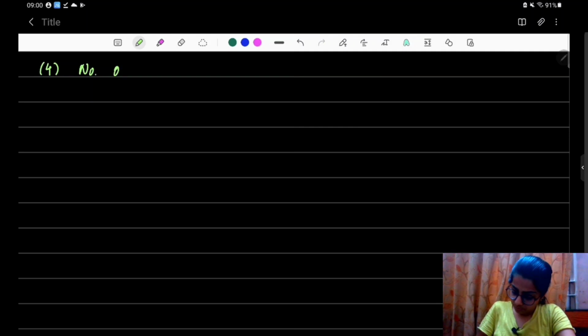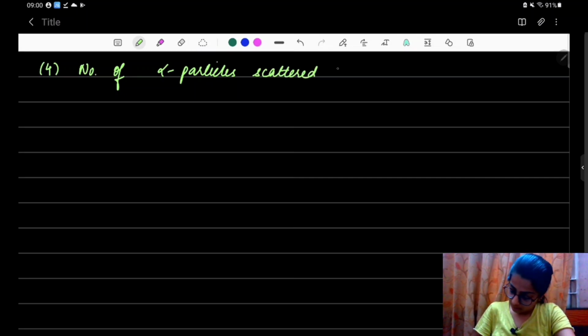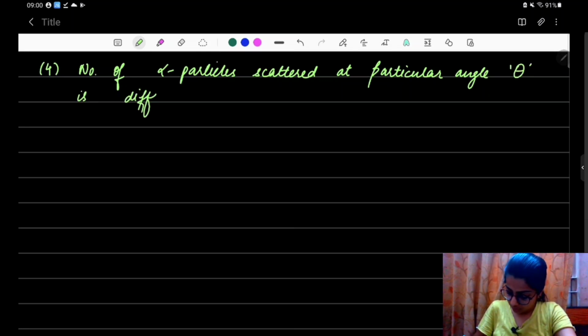The number of alpha particles scattered at a particular angle theta is different for different metal foils.